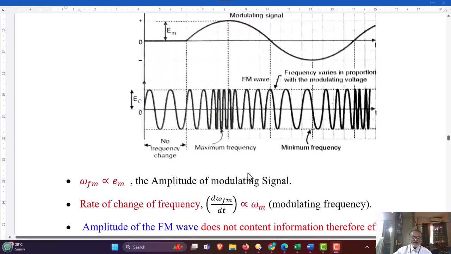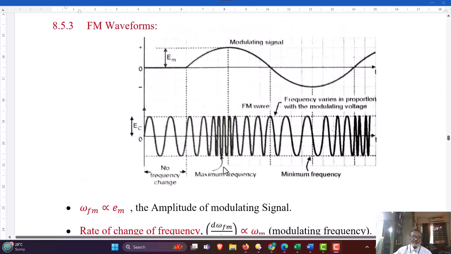So you will see that when the modulating signal amplitude is maximum, the frequency of the modulated signal will be maximum. When the amplitude of the modulating signal is minimum, the frequency of the modulated signal will be minimum.